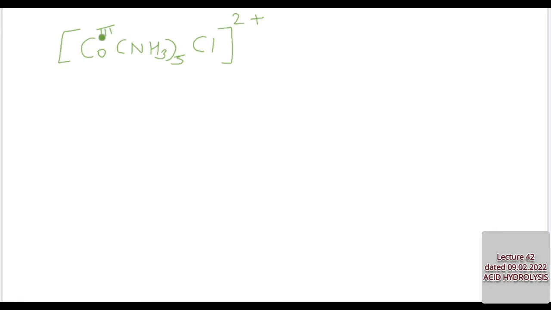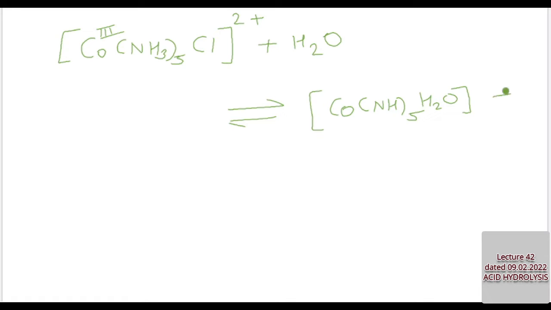If water as a ligand from the solvent replaces the halide ion, the resultant product will be Co(NH3)5 H2O, and Cl minus comes out. So it is a simple substitution reaction in which the chloride ligand is replaced by a water ligand.